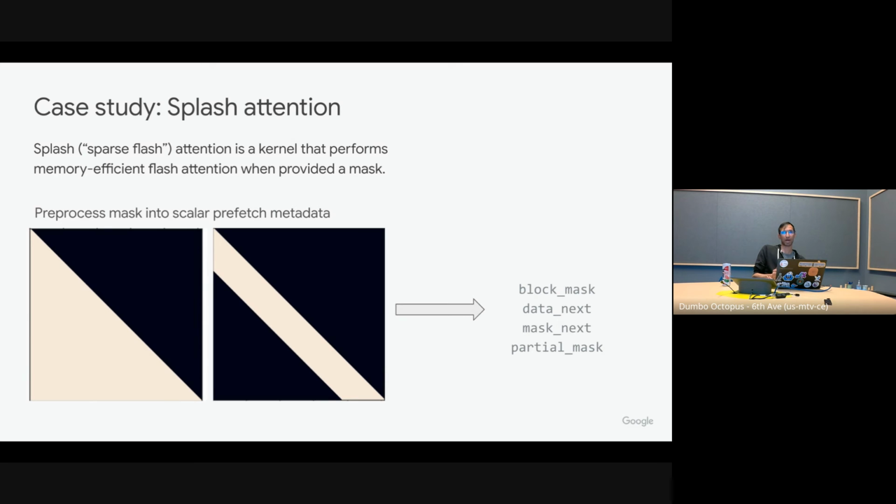Because it's NumPy, it's static, we can pre-process it and construct a bunch of little data structures. These data structures can be prefetched into SMEM, and they can be used to create a pipeline schedule for that particular mask. So in the causal case, you can imagine a pipeline schedule where we do compute for this block here, but then we start prefetching the block in the next row.